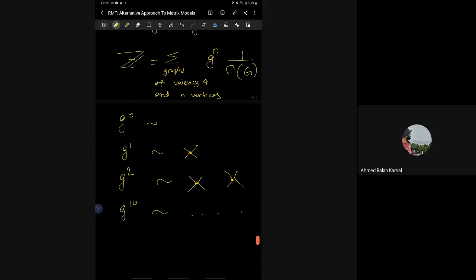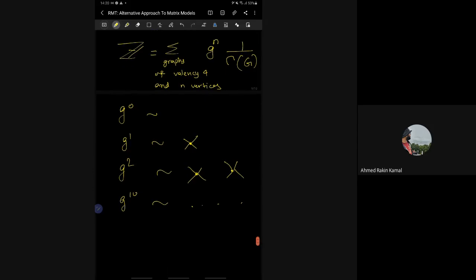Okay, so this is our function which generates our required graph. So if we start summing over, we'll see that 1 plus G1, so it's just G.